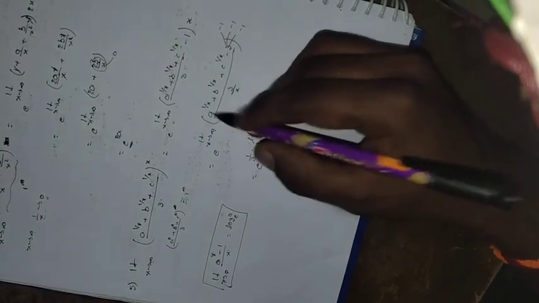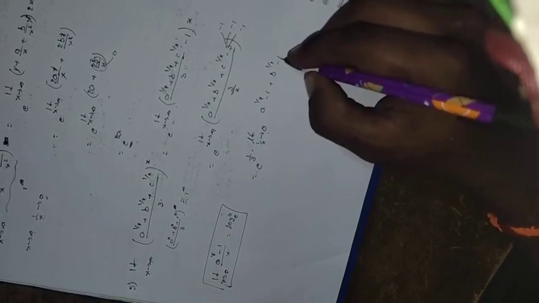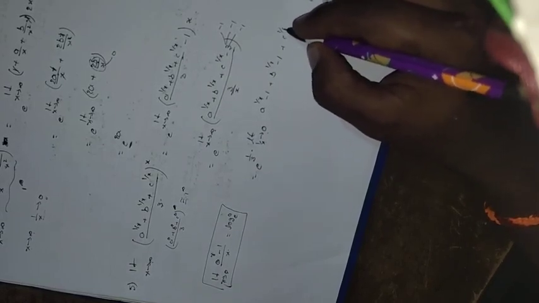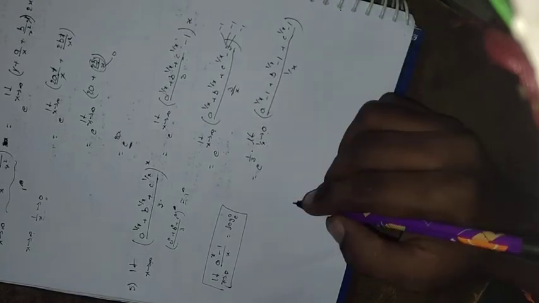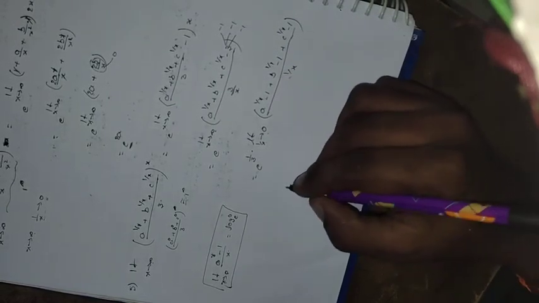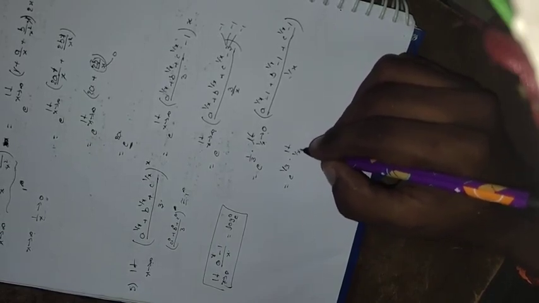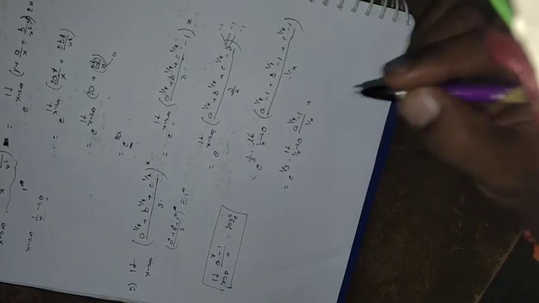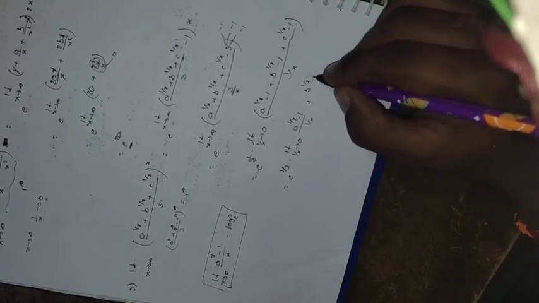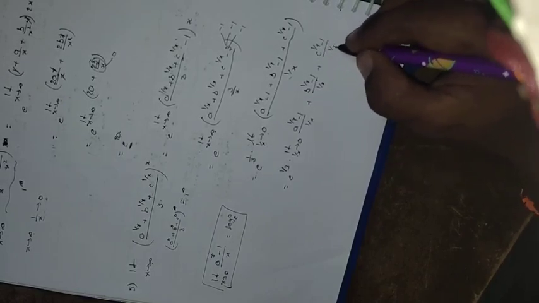So it can be written as (a^(1/x) - 1)/(1/x) plus (b^(1/x) - 1)/(1/x) plus (c^(1/x) - 1)/(1/x).